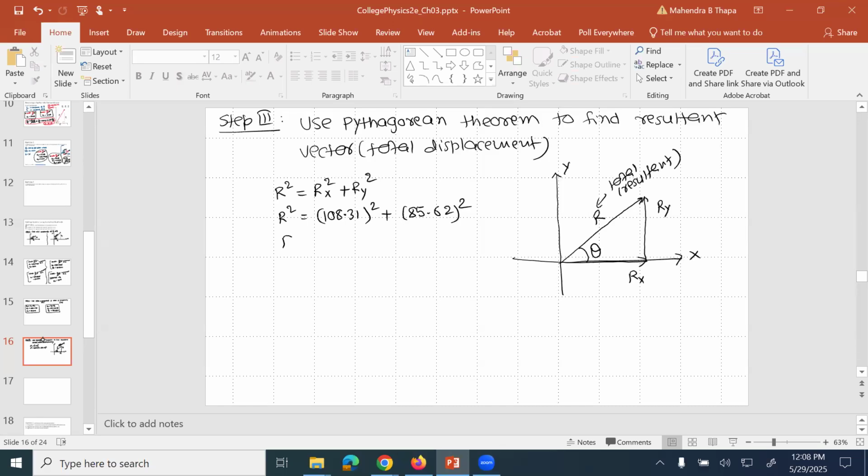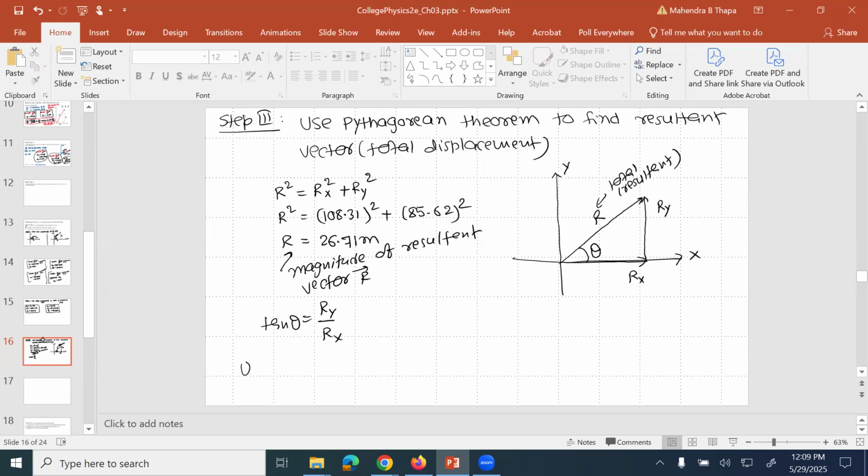That gives me R equals 138.71 meters. So this R is the magnitude of the resultant vector R. Now let's say this angle is theta, so I can write tan theta equals Ry over Rx.